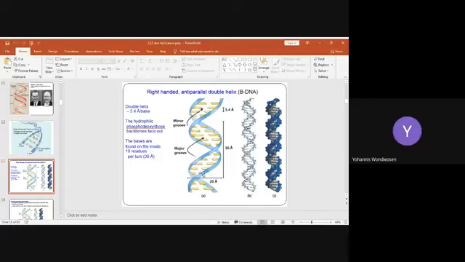So this is one turn. In one turn there are around 10 residues of nucleotides, and also in one turn we can get one major groove and one minor groove. This is the most stable form of B-DNA.